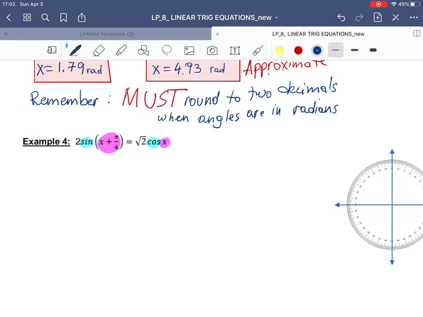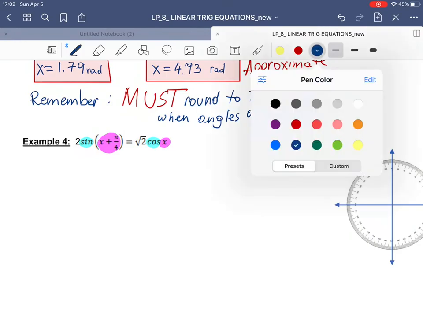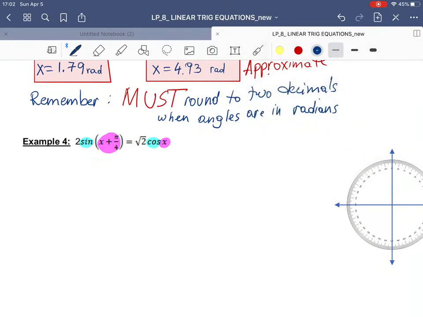So how do we do that? The first thing we want to do is expand this. It's the compound angle formula. So we have 2 and then sine of x cos pi over 4 plus cos x sine pi over 4, and then that equals root 2 cos x.